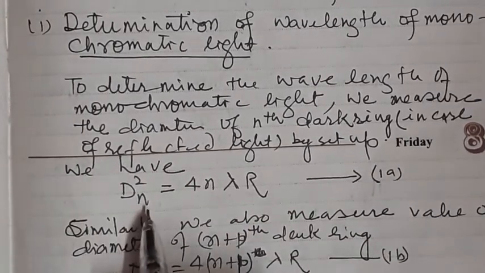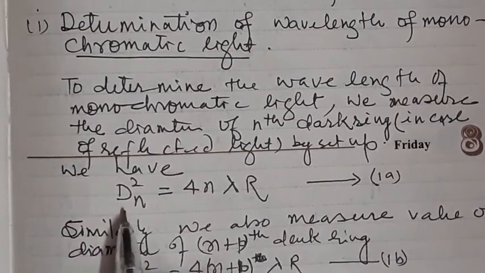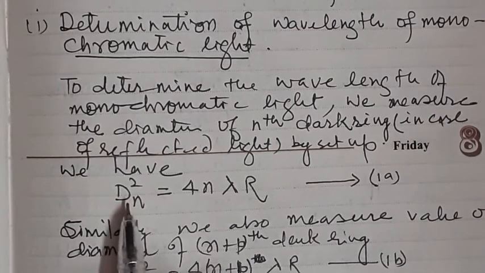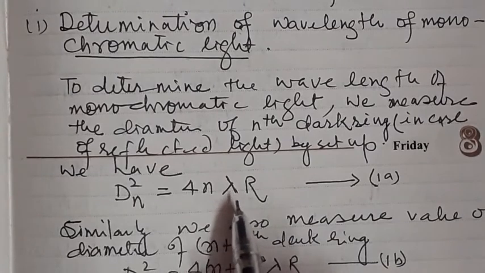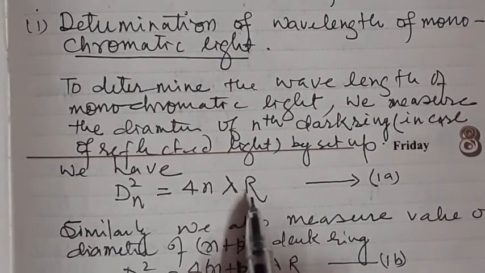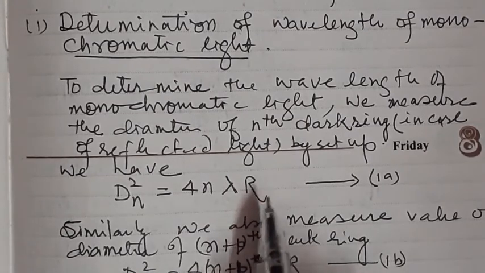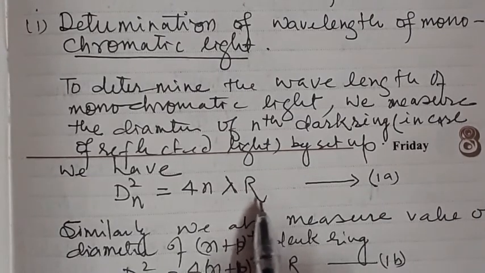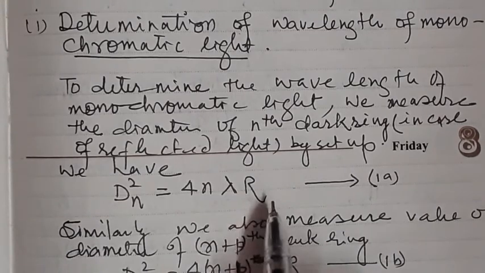So we have Dn square equal to 4n lambda R, where the diameter of the nth ring is computed through the microscope, and capital R is also computed through many devices, such as the spherometer used for calculating R, or the focal length formalism can be used to calculate the capital R.